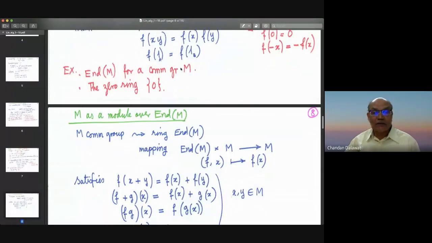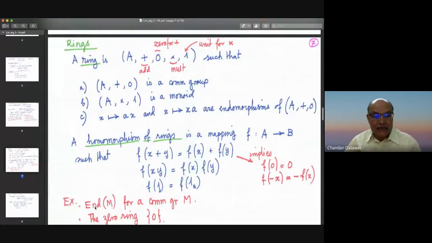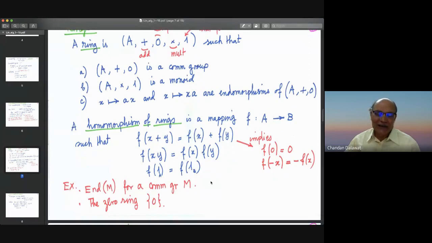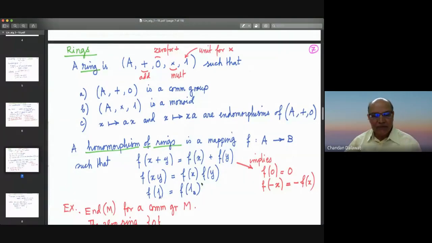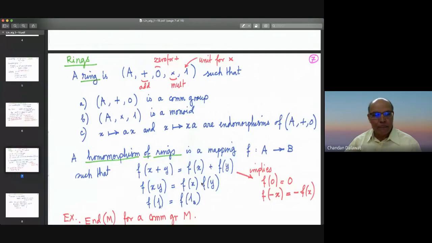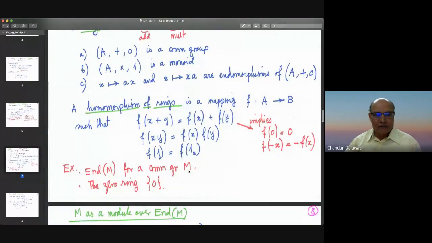Okay, so the basic example of a ring is the endomorphism ring of a commutative group. You take any commutative group, and there are infinitely many of them. I just gave maybe one or two examples, like Z. So you all know perhaps many examples of commutative groups. For each such group, you take the set of all endomorphisms, and that is a ring.